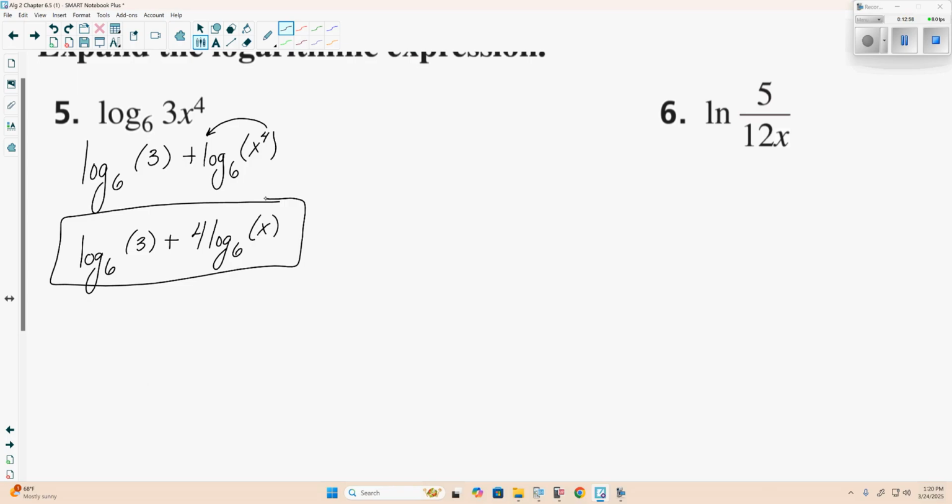Natural log of 5 over 12x. Well, unlike the last one, we do have a quotient. So this would start off as ln of 5 minus ln of 12x.